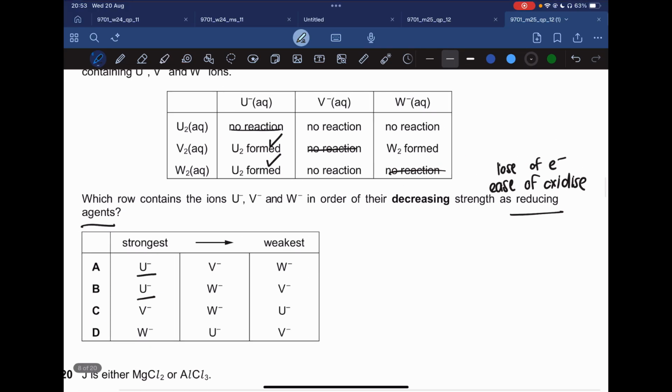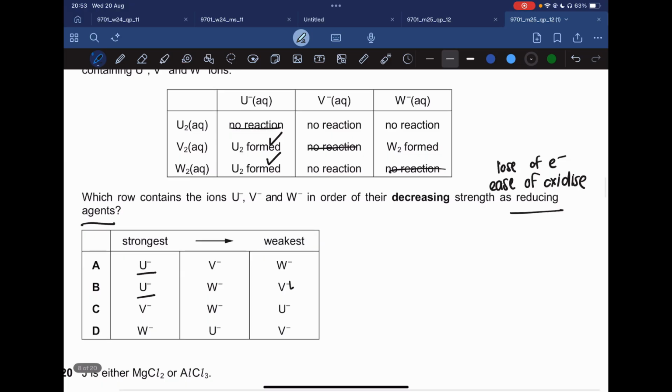Okay, and then we have V, which doesn't get oxidized in either solution, so that means it has to be the weakest, so we're looking at B.